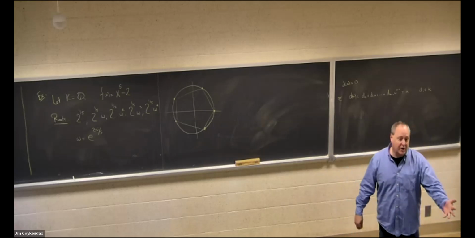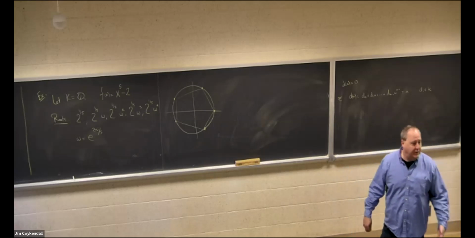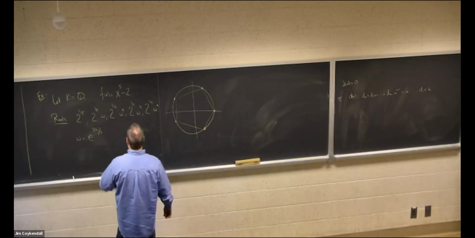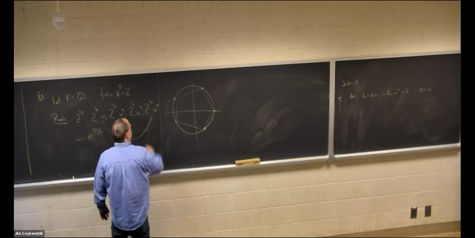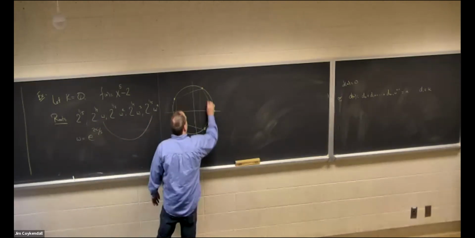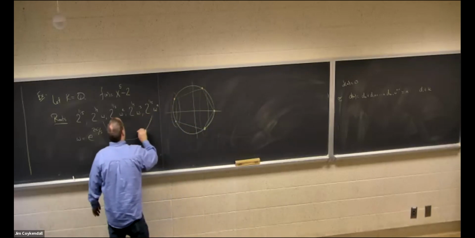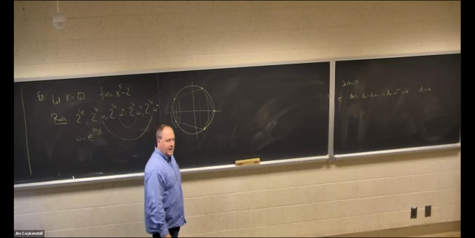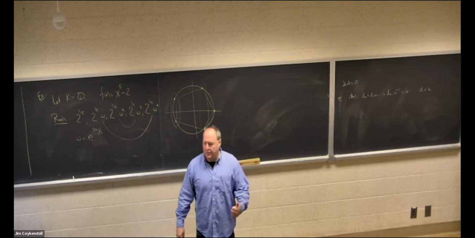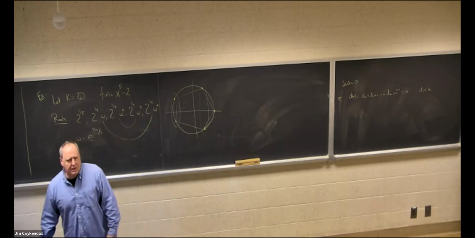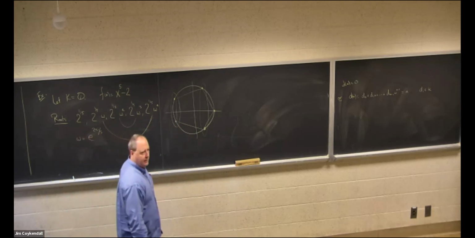If you have a really good trig course, you might have seen it a long time ago. Notice that these 2 are complex conjugates of each other, and these 2 are complex conjugates of each other. Now notice this has 1 real root and 4 complex roots that are not real.